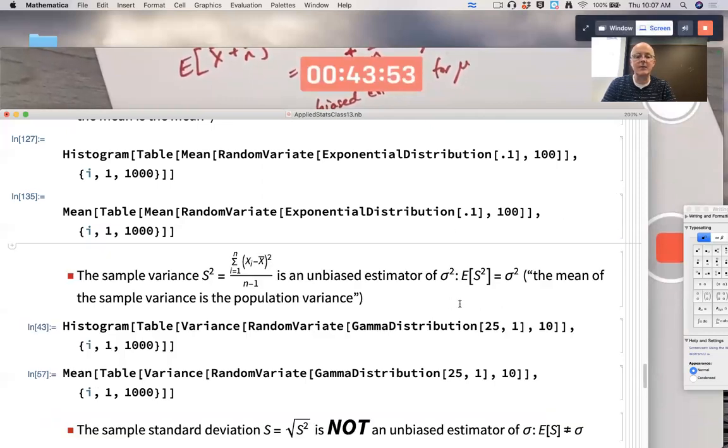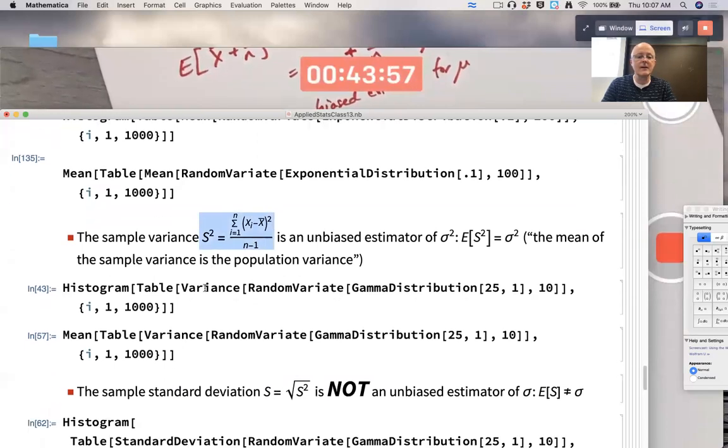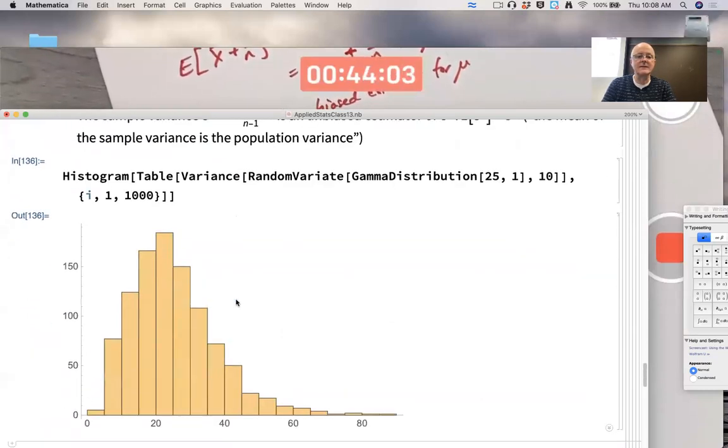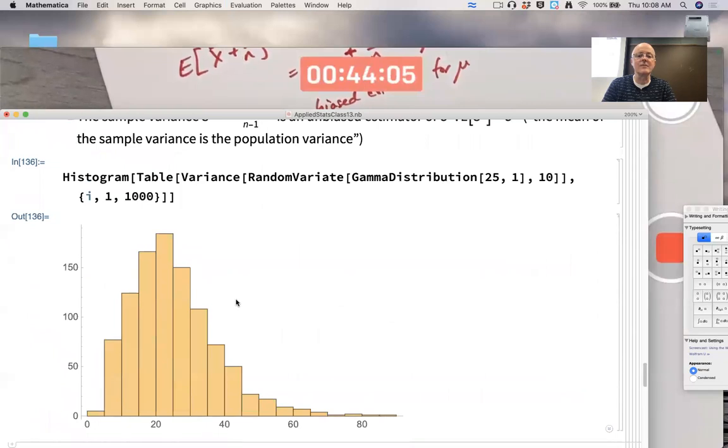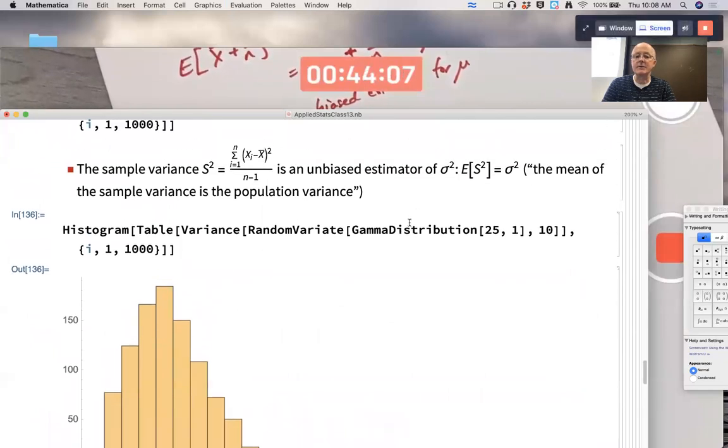I can do a similar kind of thing with the sample variance. Here I'm dividing by n-1. If you do variance in Mathematica, that is the sample variance. This is for a gamma distribution where alpha is 25 and beta is 1.